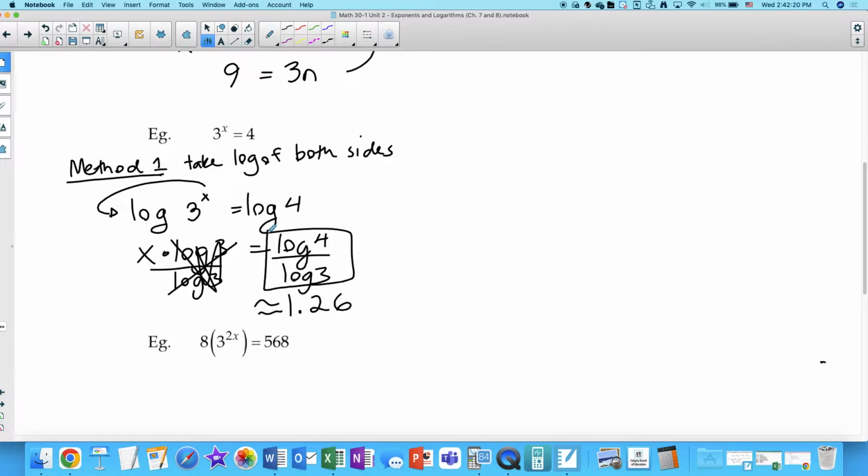Method 2. We can switch forms. So if I start out with 3 to the x equals 4, this is in exponential form.